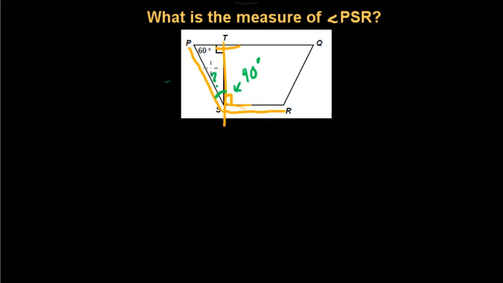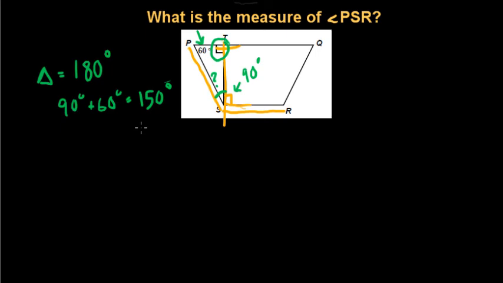We're dealing with a triangle here, and we know the sum of the angles of all triangles equals 180 degrees. I know that that angle is 90, and this angle right here is 60. So 90 plus 60 degrees equals 150 degrees. If the whole triangle is 180 but these two are 150, what's left over? It's a simple subtraction problem: 180 degrees take away 150 degrees leaves 30 degrees.